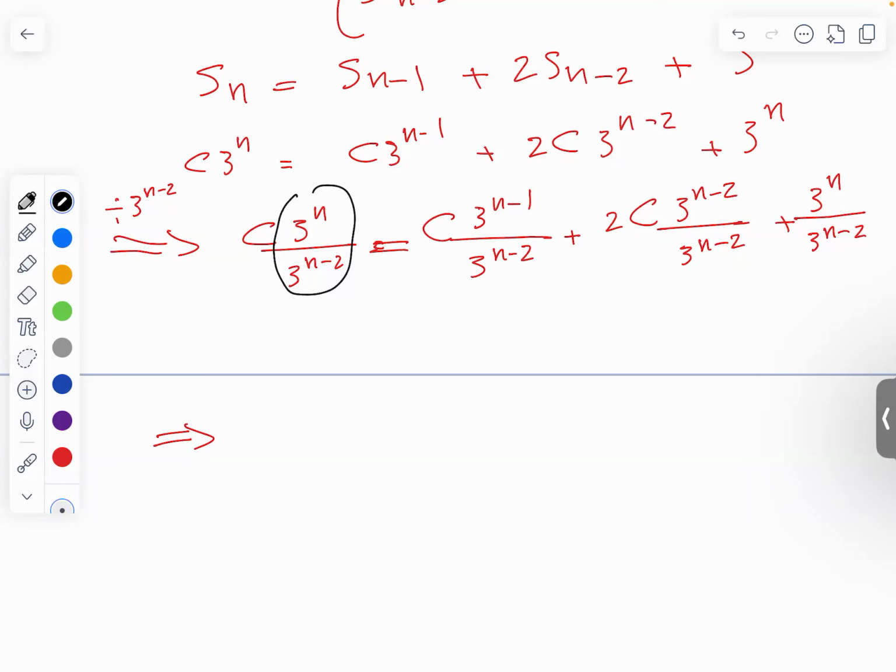Do you know that? What's this fraction? Figure it out. What's this one, Muhammad?